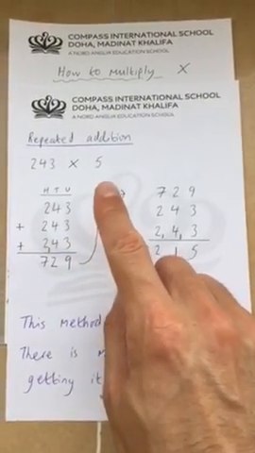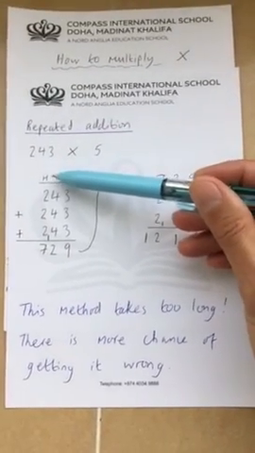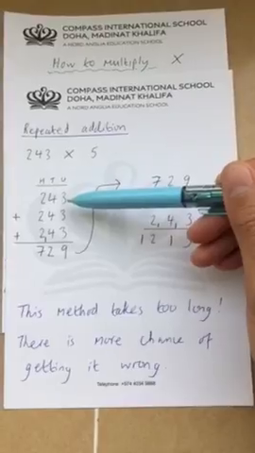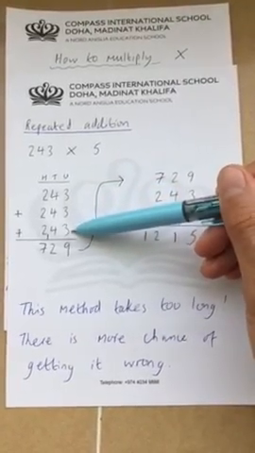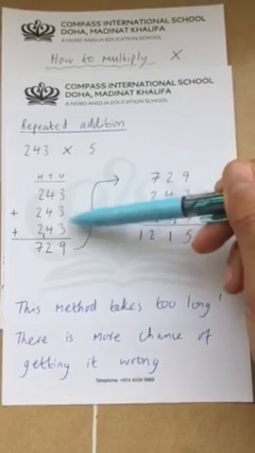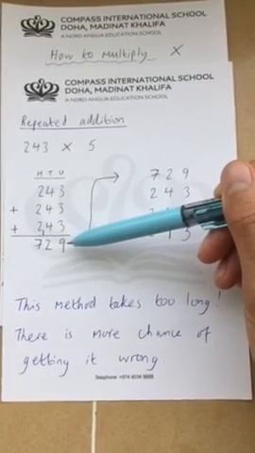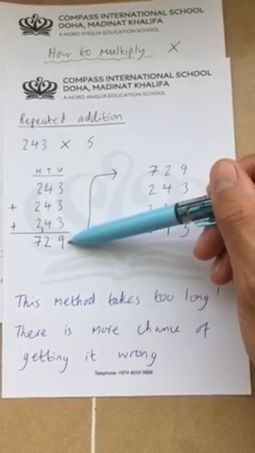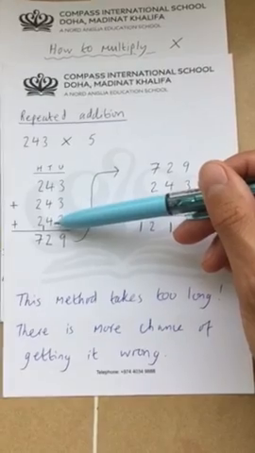243 times 5, I set it up as a column, units, tens and hundreds. I add up 243 plus 243 plus 243 because I never want to do more than 3 additions in column addition. And that equals 9. 4 tens plus 4 tens plus 4 tens equals 12 tens.